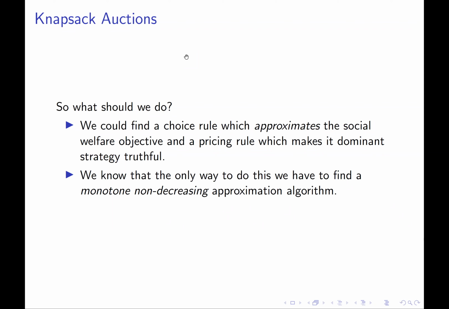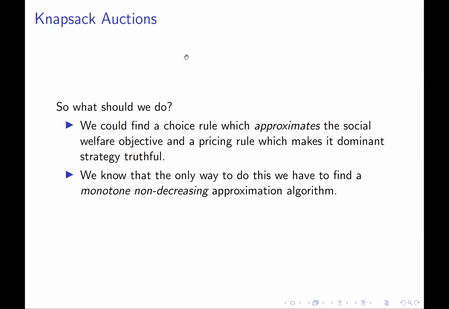And because this is a single parameter domain, we proved last class exactly when that is possible. In particular, we will be able to find a pricing rule that makes truthful reporting an approximate dominant strategy if and only if we can come up with an approximation algorithm that is monotone non-decreasing.